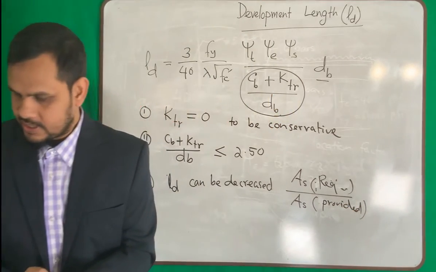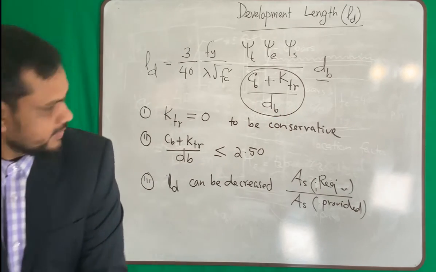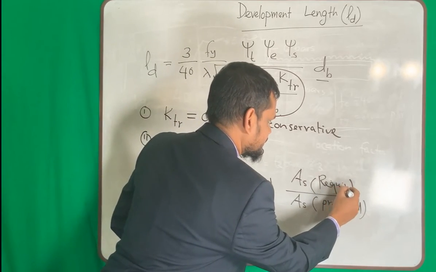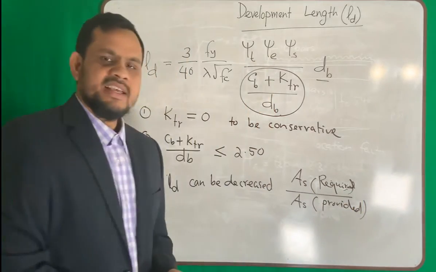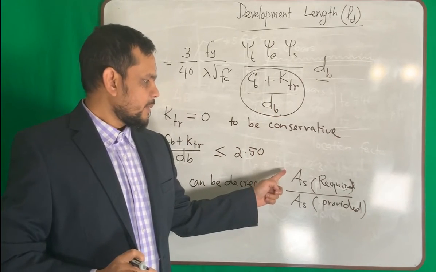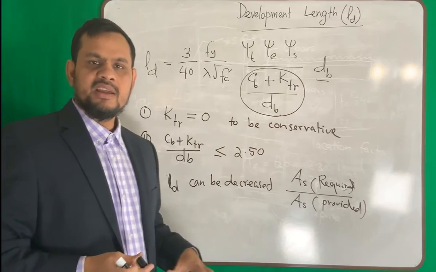Let me check your book again. Yes, required and provided. Say you need 4 inches square, you are providing 5. That means 4 divided by 5, that is 0.8.